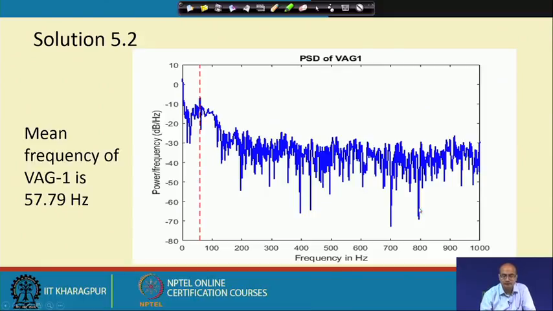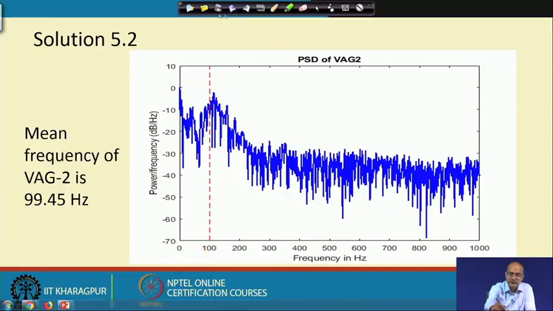So, here we show how it looks. For VAG 1 the mean frequency is coming here, 57.79 hertz. Okay. And for the next one, that is VAG 2, we get that mean frequency at 99.45.